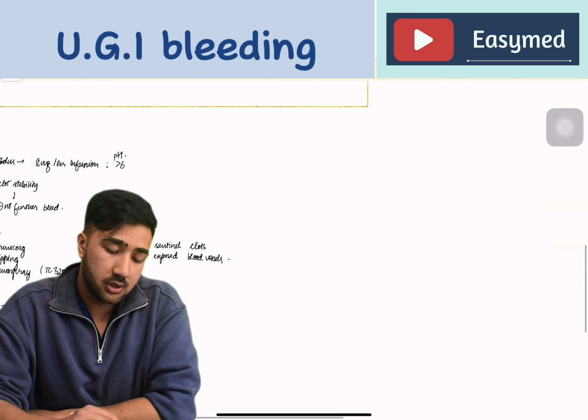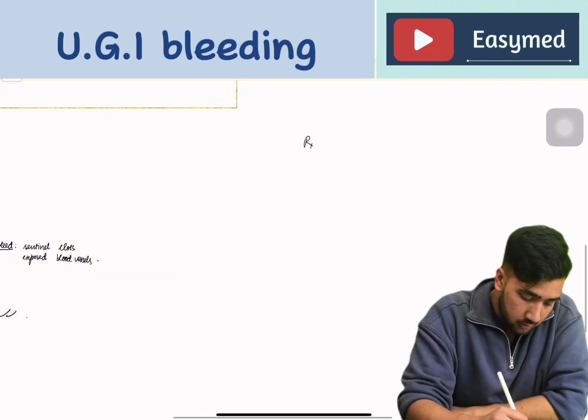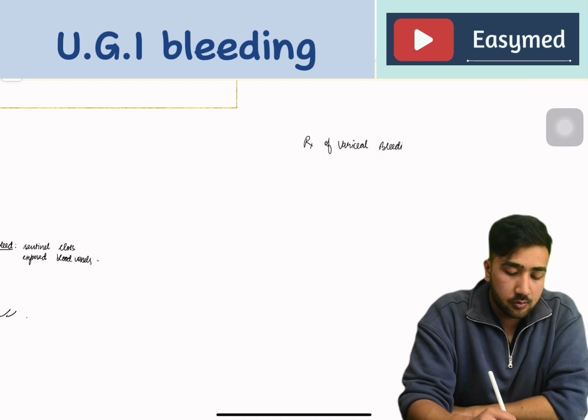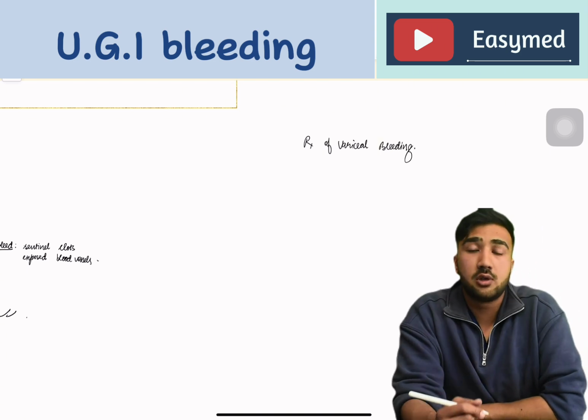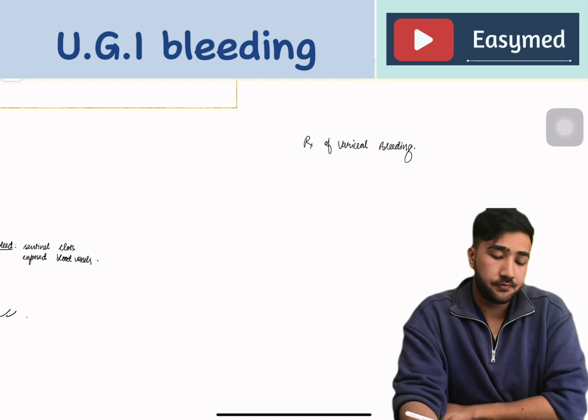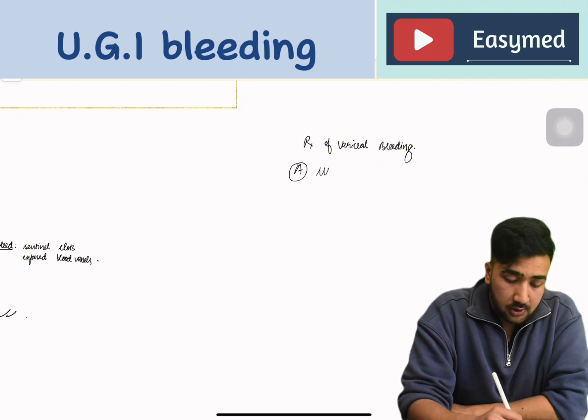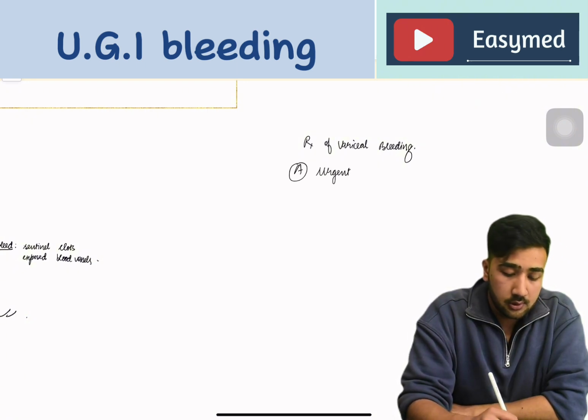Now talking about the treatment of a variceal bleed. Endoscopic treatment as well as drugs play a very big role in the treatment of variceal bleeding. First is urgent stabilization and resuscitation here also.